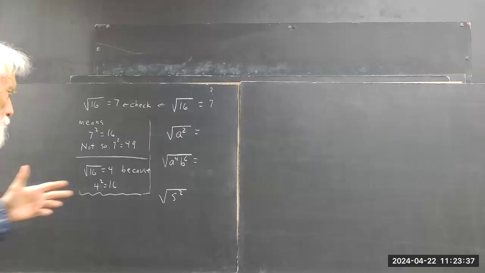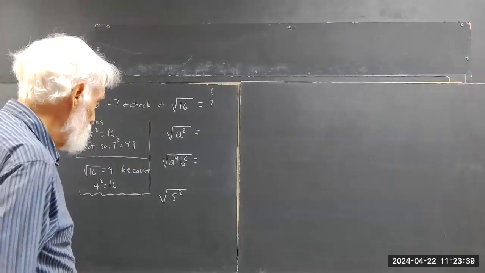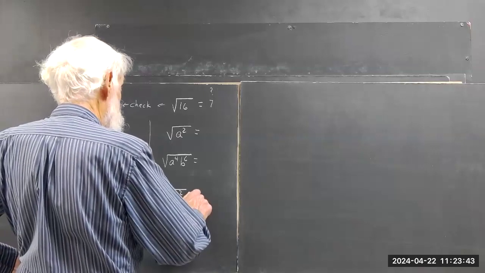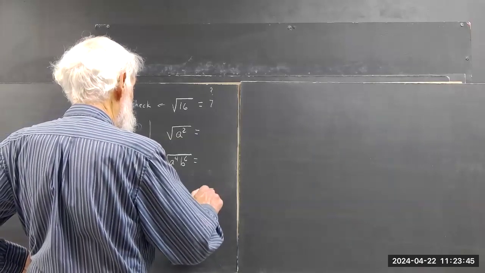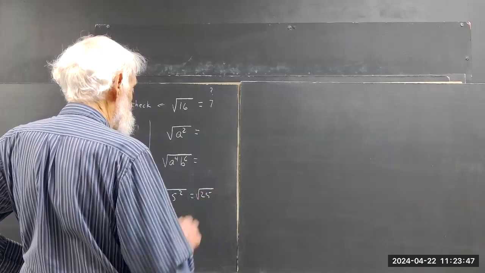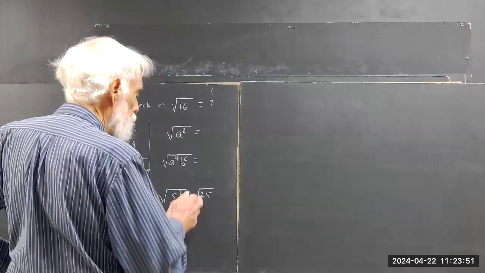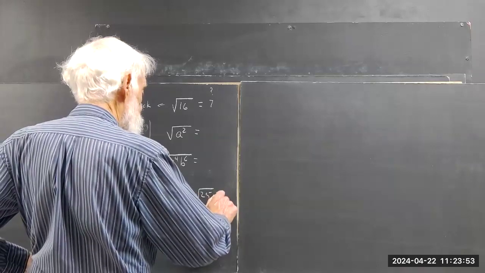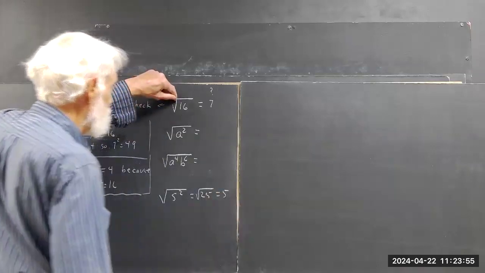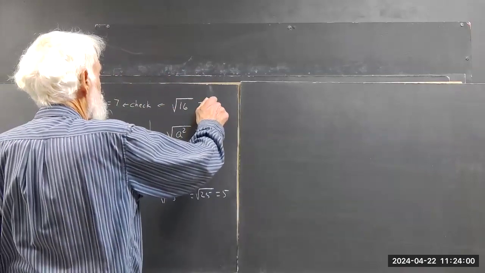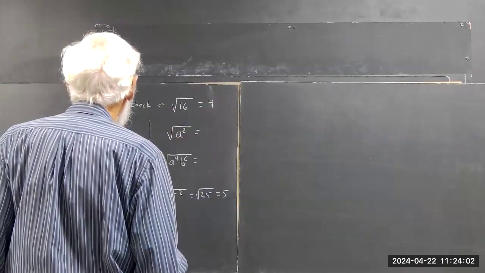There's still a little uncertainty, so I'll give you the hint. The square root of 5 squared is the square root of 25. And what's the square root of 25? It's a number you would square to get 25, and that's 5, just like the square root of 16 is 4.